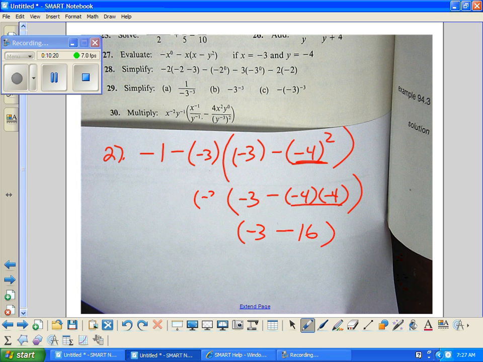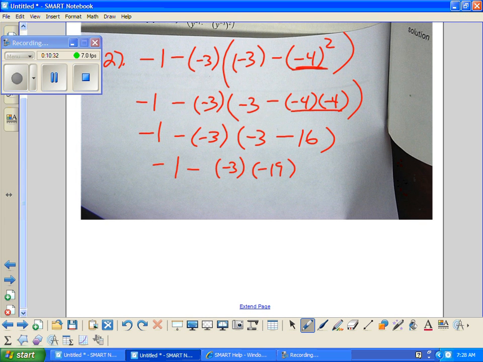And all the while, I should carry these with it. None of that can change out here. So I get negative 1 minus 3 times negative 19. Now I got to multiply before I add out the outside. So negative 1 minus, those two multiplied together are positive 57. The answer to that problem is negative 58.